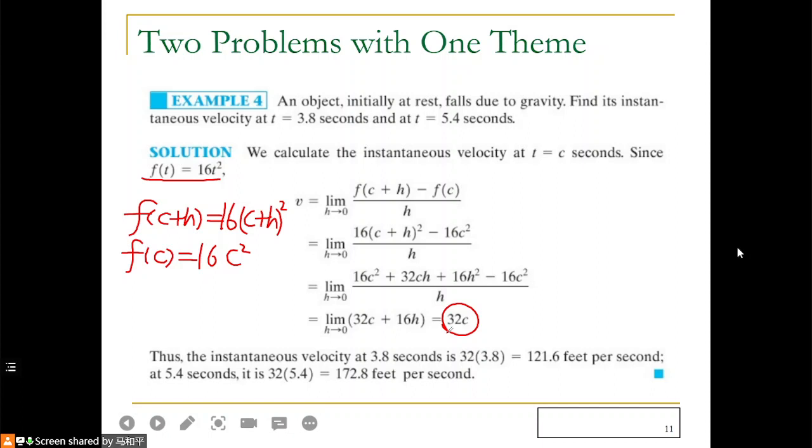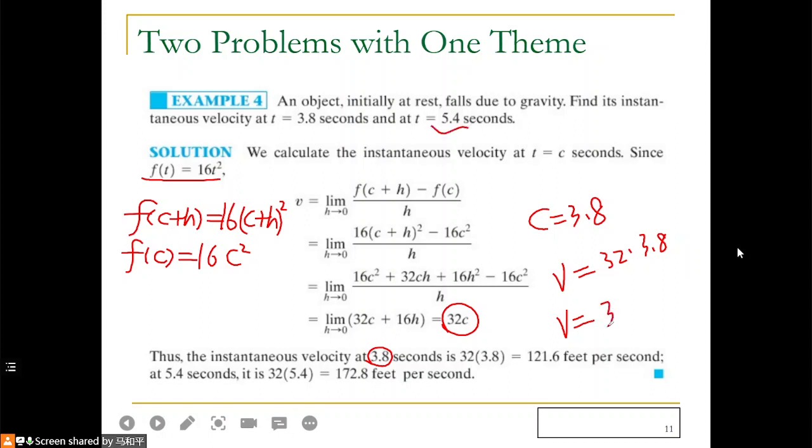If we want to find the instantaneous velocity at t, where t is 3.8, we can find v is equal to 32 times 3.8. And we can also find v when t is 5.4.